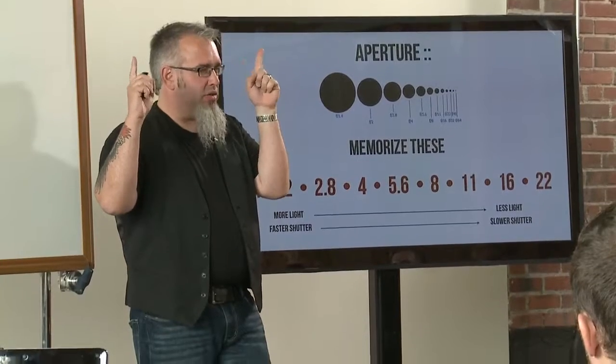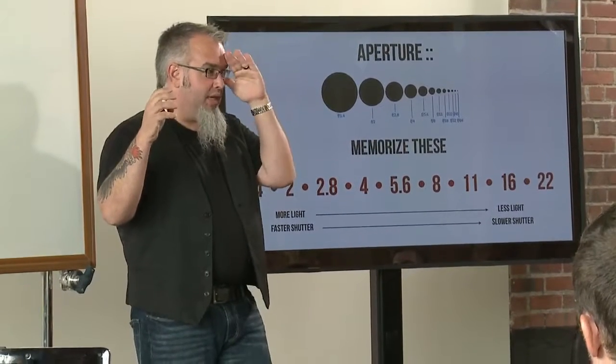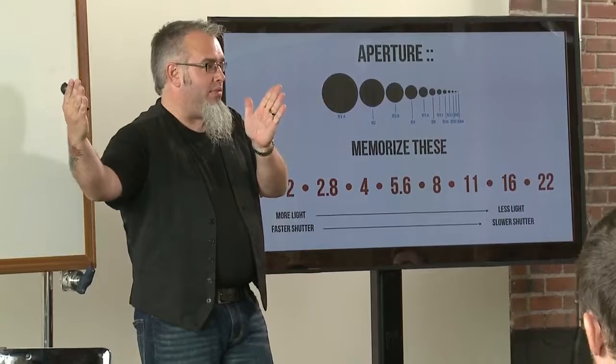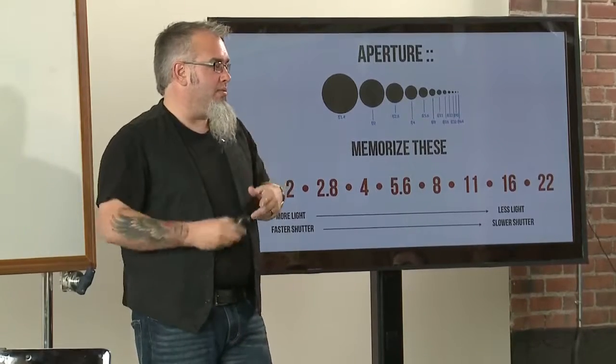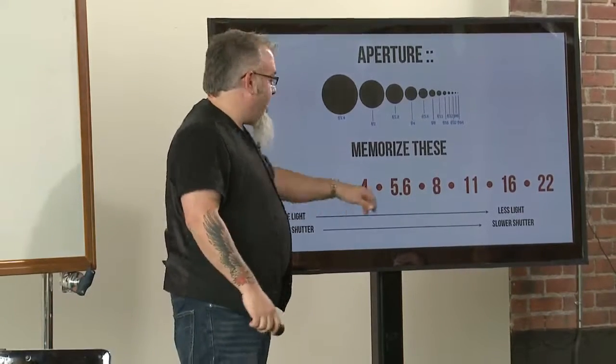Because it's like, oh, those are thirds. So I think 2.8 to 11 plus a third jump kind of thing. So in my brain, I'm thinking full stops. And when my meter shows me 3.2 at 1/100th of a second, which are all now third increments, I have to think a little extra. I don't like thinking extra.